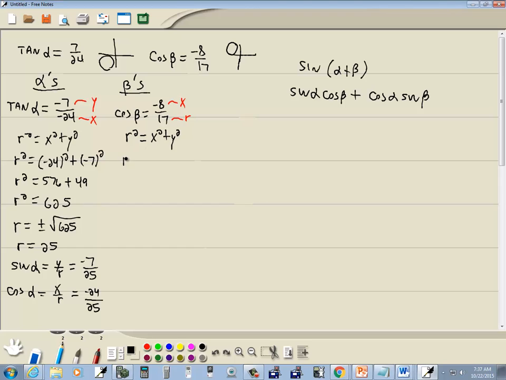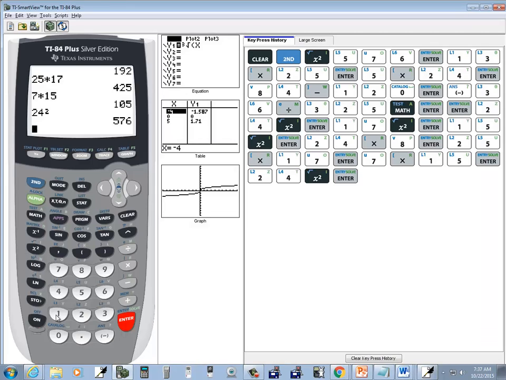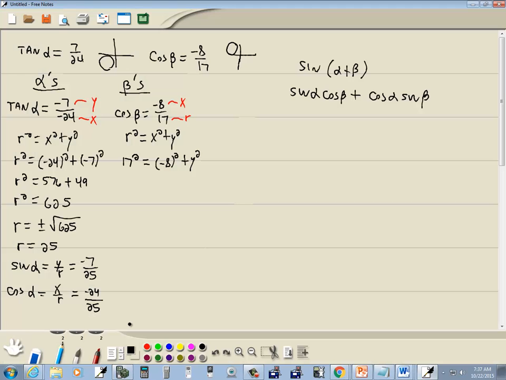R we said is 17, so we got 17 squared plus x, which is negative, not plus, equals negative 8 squared plus y squared. 17 squared is 289 equals negative 8 squared is 64 plus y squared. Take the 64 over, so I got 289 minus 64 is equal to y squared.